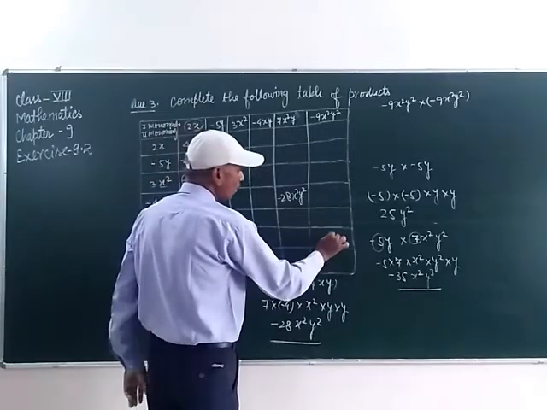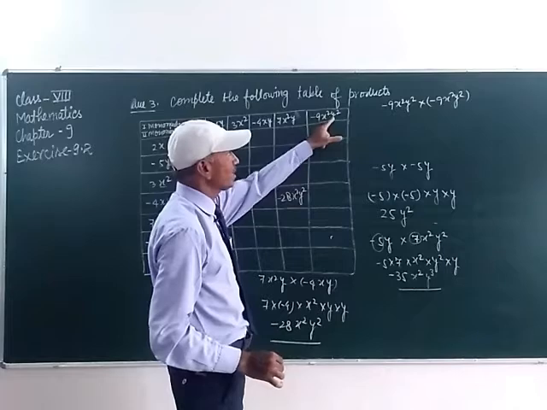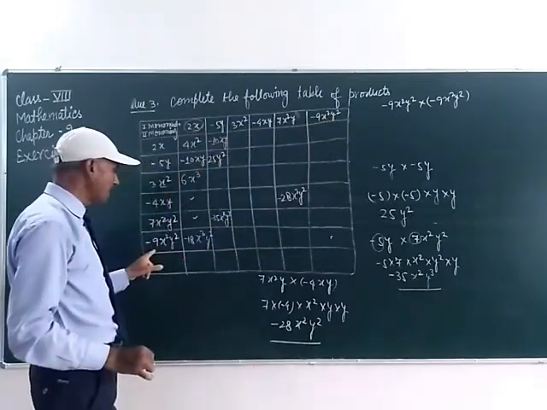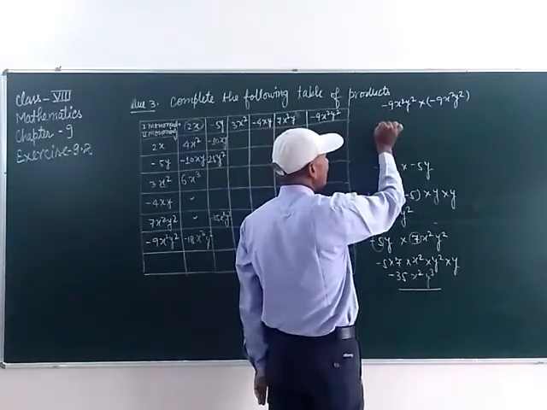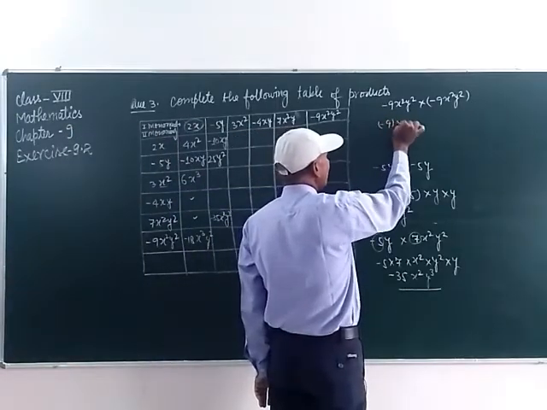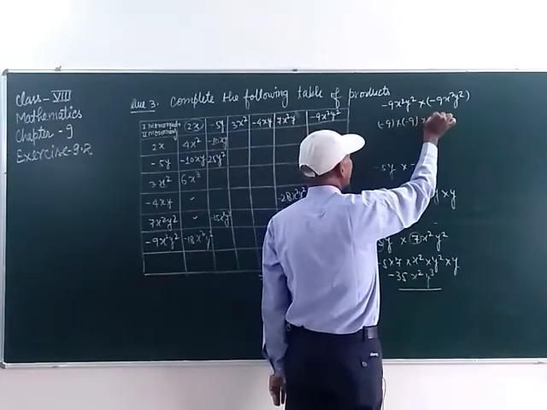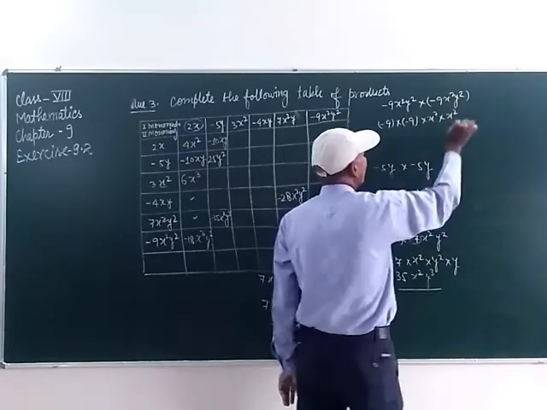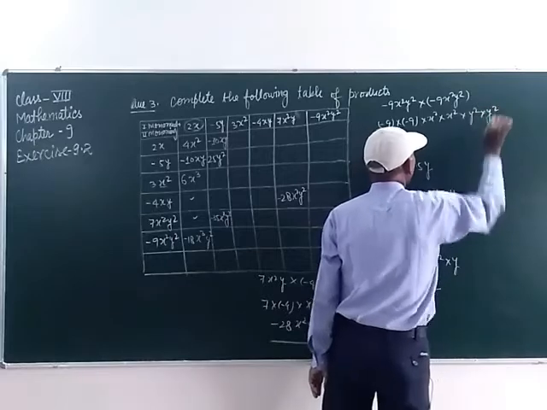We have to fill this last blank after multiplying this minus 9x square y square with this minus 9x square y square. So first of all multiply this minus 9 into minus 9 into x square into x square into y square into y square.